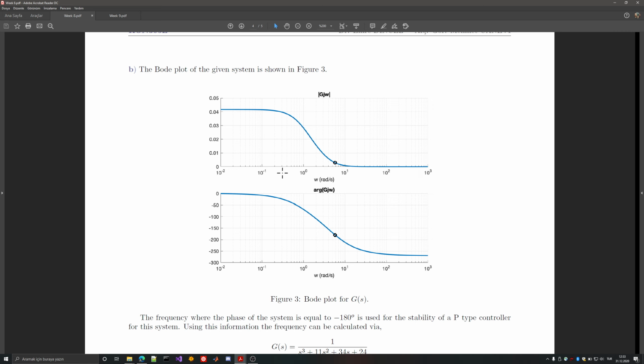Even if you provide a bounded input, since there is a division by 0, your output will be tending to infinity. So we are looking for that point, and for that point we have to look for the characteristic polynomial, or the denominator of the closed loop system, where we plug in s equals j omega, and it should be 0.